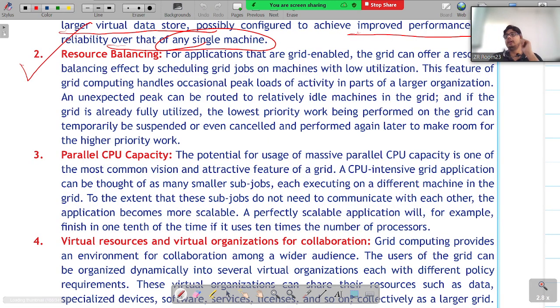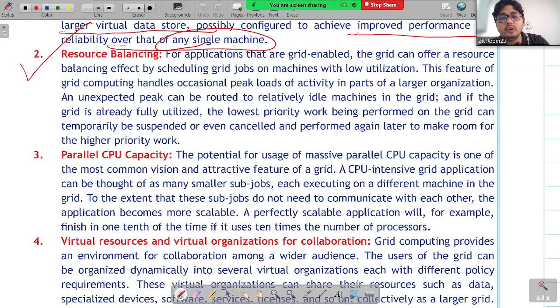Very good. Now listen. Resource balancing. For applications that are grid enabled, the grid can offer a resource balancing effect by scheduling grid jobs on the machine with low utilization. Underline scheduling grid jobs.